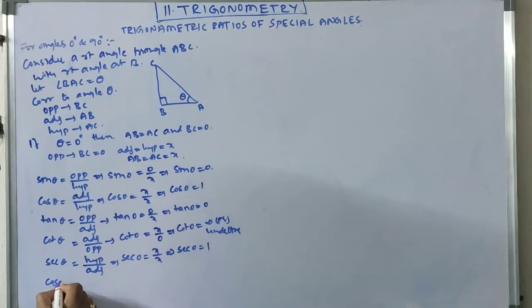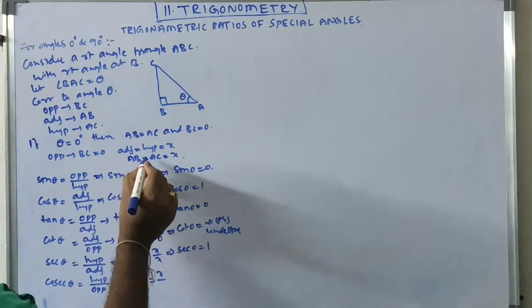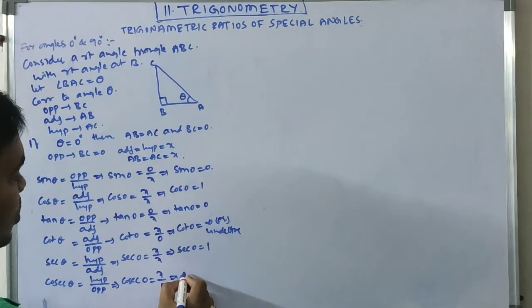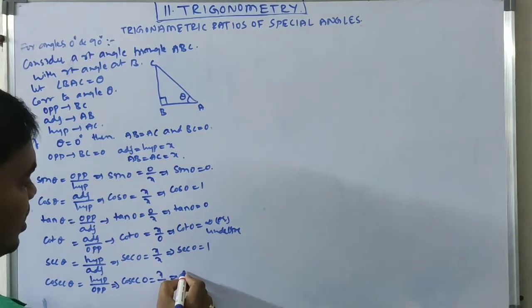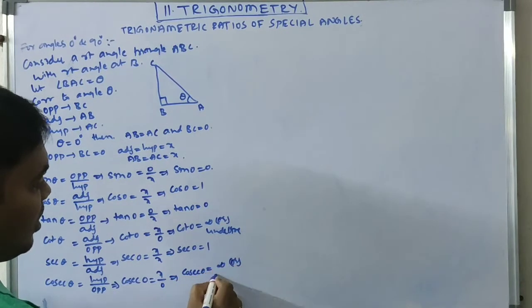Next, cosec theta is hypotenuse by opposite. The hypotenuse is equal to x, and the opposite is BC, which is equal to 0. Something by 0 is infinity or undefined, so cosec 0 is infinity or undefined.